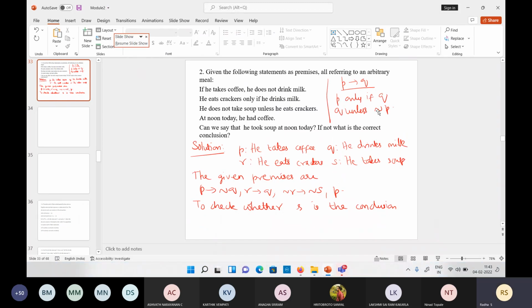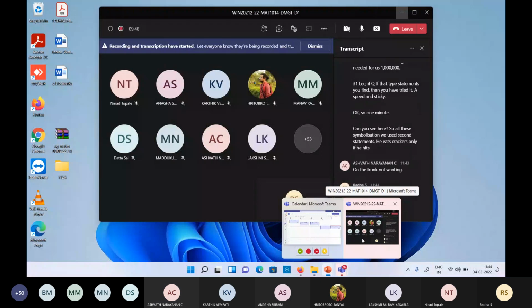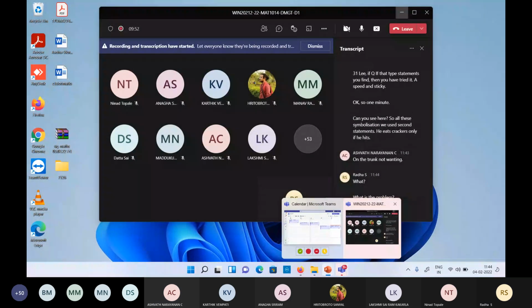Can you see here? So all the symbolization we used. Second statement, he eats crackers only if he drinks milk. What? What is the problem? My voice is not audible. Yes, ma'am, you're audible.